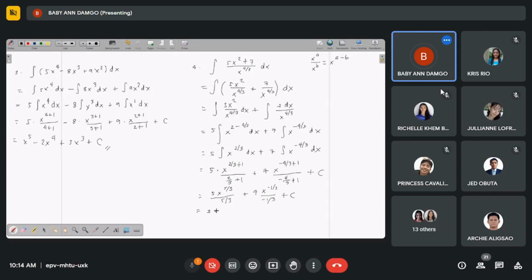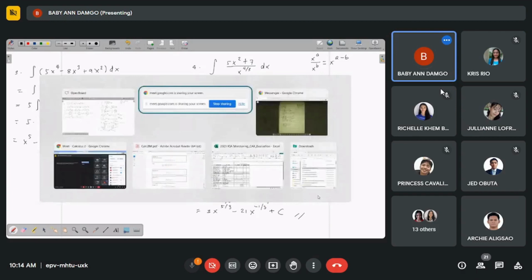So that is the final answer. If you check, it is 3x squared cube root of x. Okay, for the answer, you can check whether your answers are correct or not.